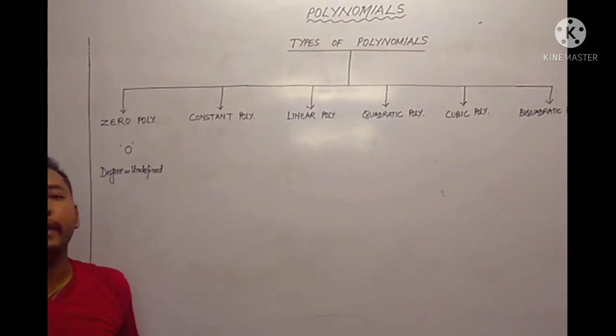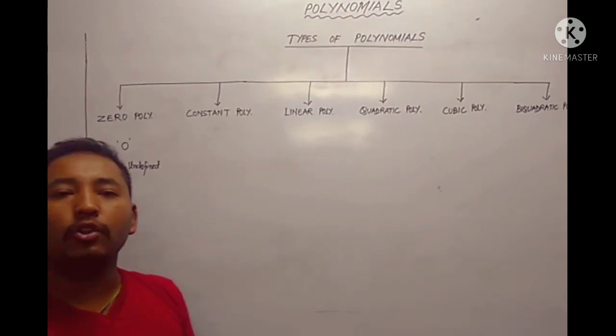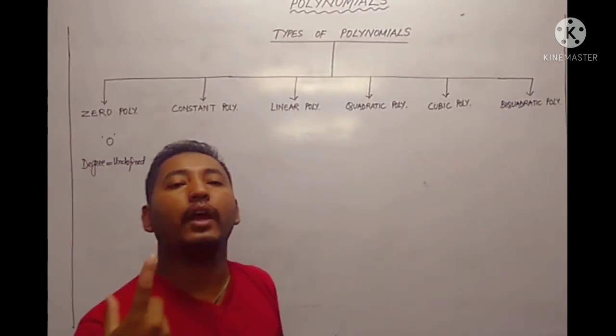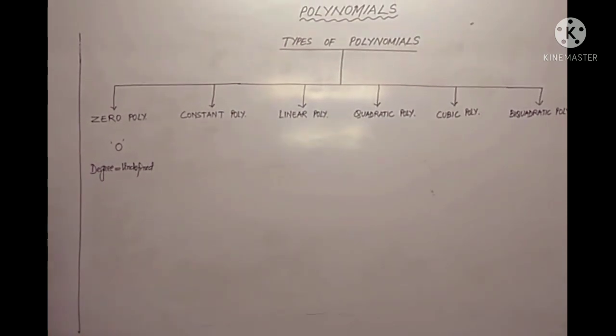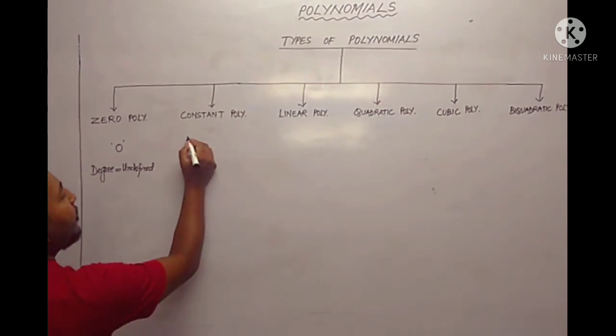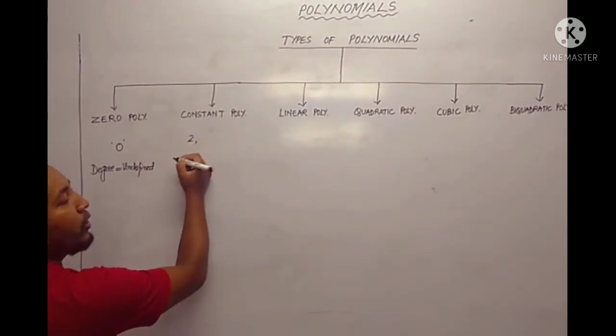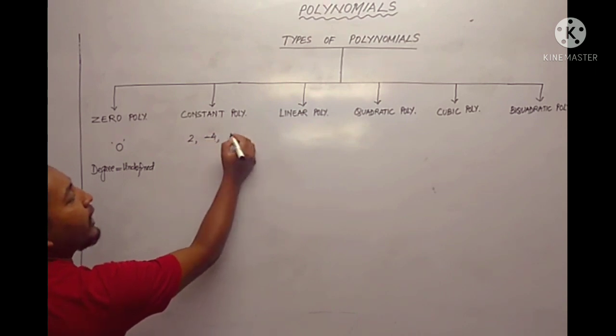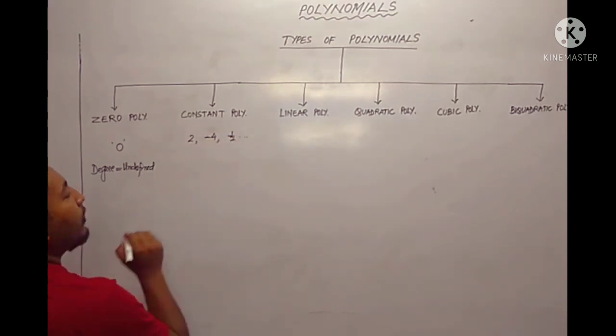Now constant polynomial. The name itself again suggests constant means a numerical value. So a constant polynomial consists only of a constant value. For example, you can have 2, you can have -4, you can have 1/2 and so on.